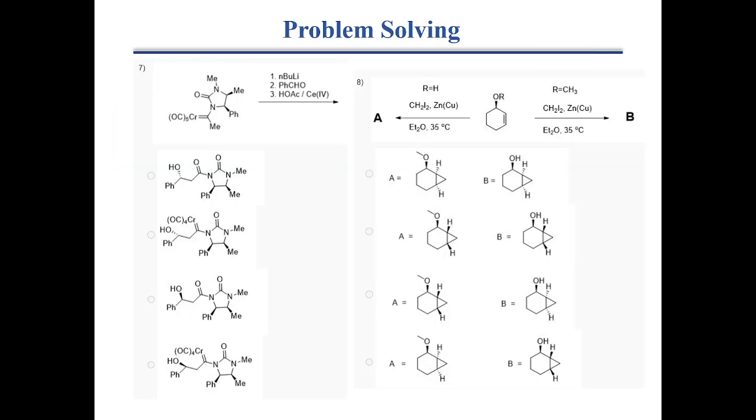Six. Now this is also a Fischer carbene.